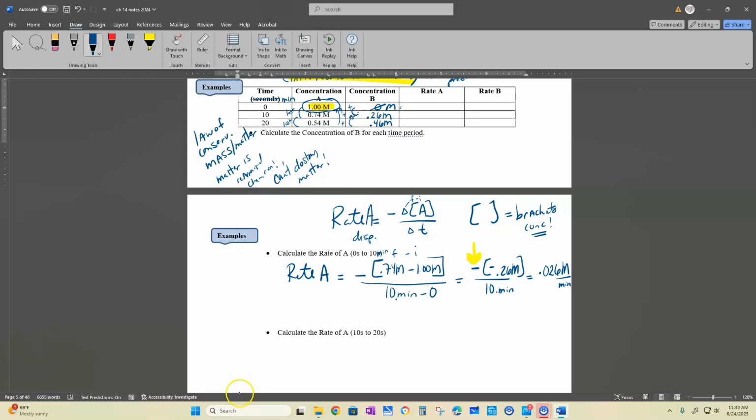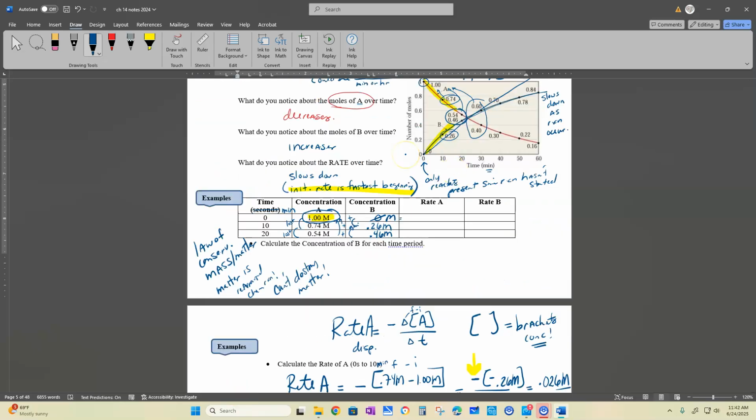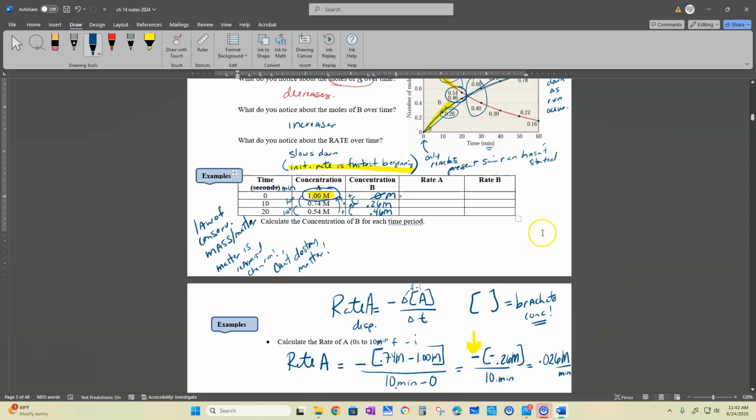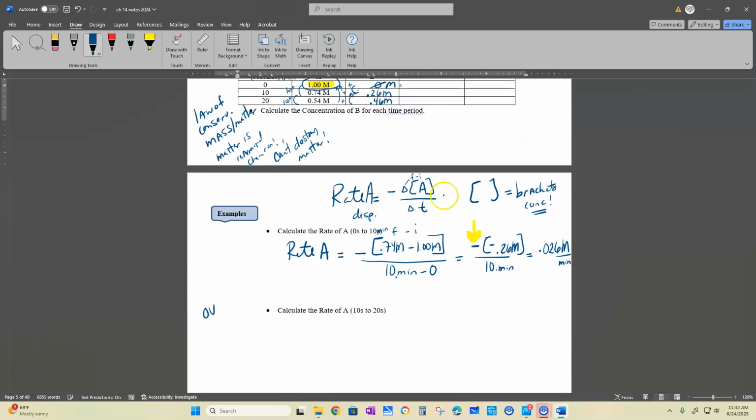Now, I want to prove something to you. Remember I said in the beginning of the reaction is the fastest. So what happens to rate over time? It slows down. So over time, rate slows down, which means the rate will be slower over time. Okay, so let's actually prove that. So now let's do rate of A from 10 minutes to 20.